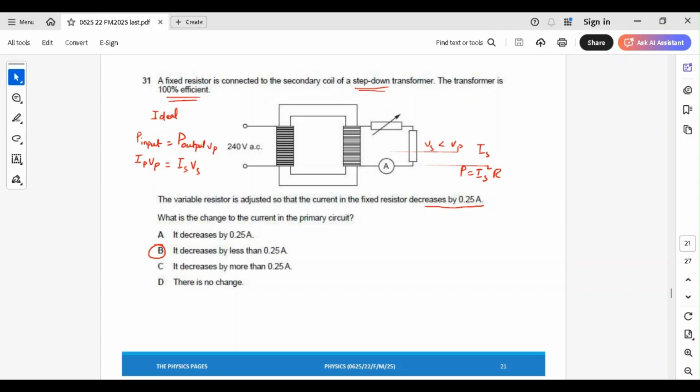That's why a decrease of 0.25 ampere in the output will be more, but in the primary it will be less, because 240 times a lesser current will be equal to a voltage less than 240 times the 0.25 ampere decrease. So this relates to the equation IPVP is equal to ISVS.